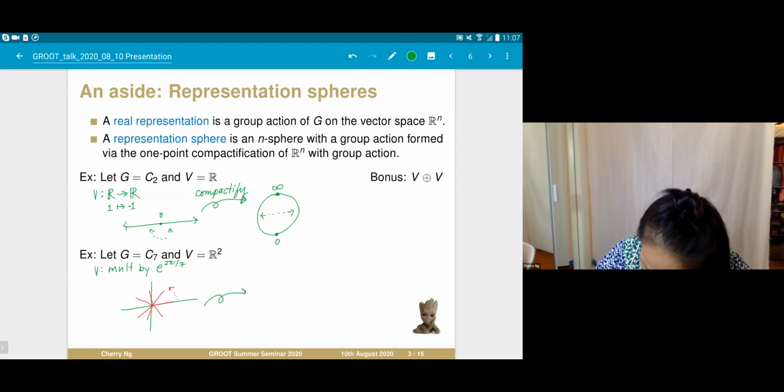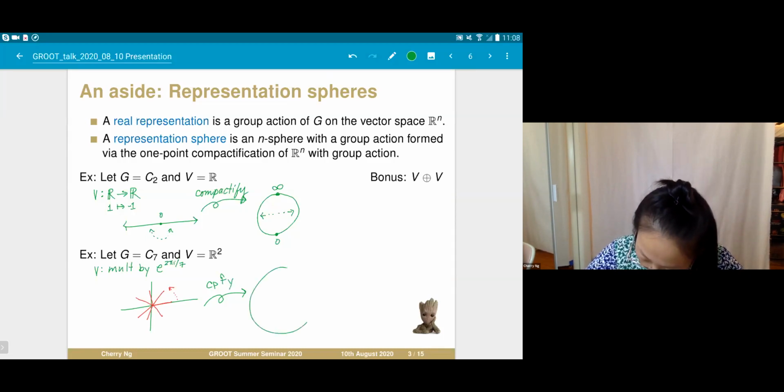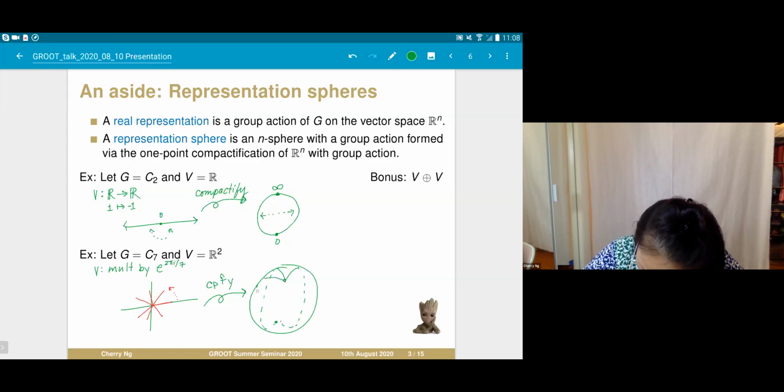Then, if we compactify, we will get a copy of S2 that looks like, one, two, three, four, five, six, seven.